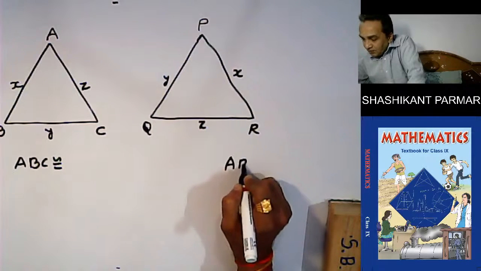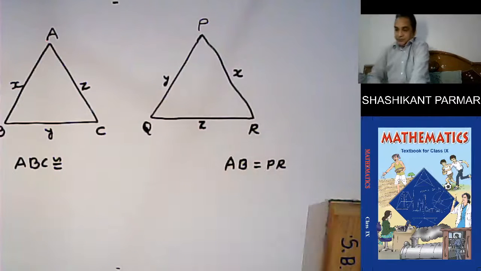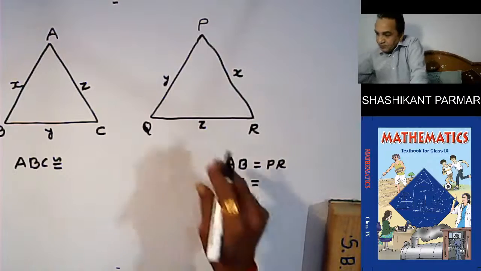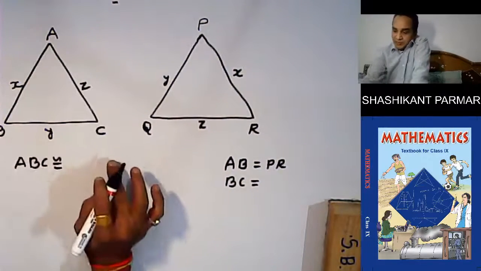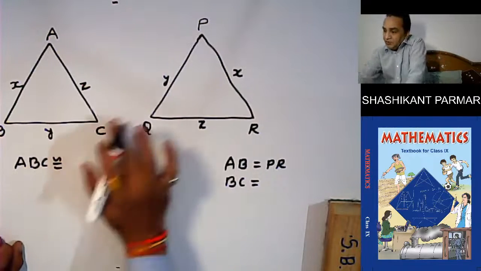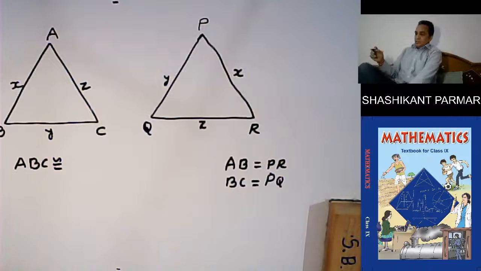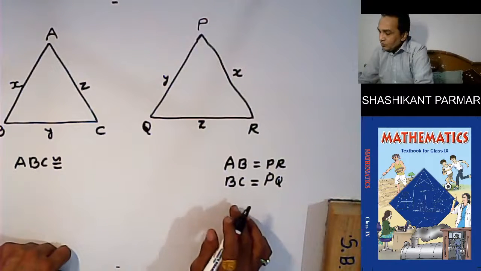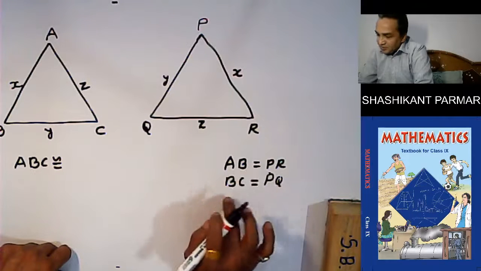So AB is equal to PR. BC is equal to PQ. So from this we can say that P stands for B.